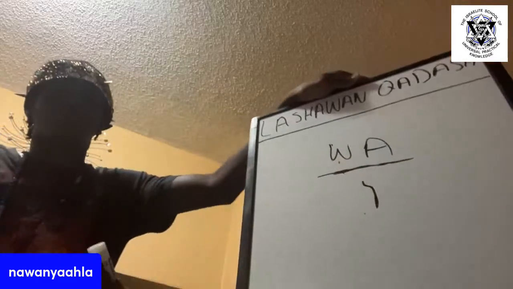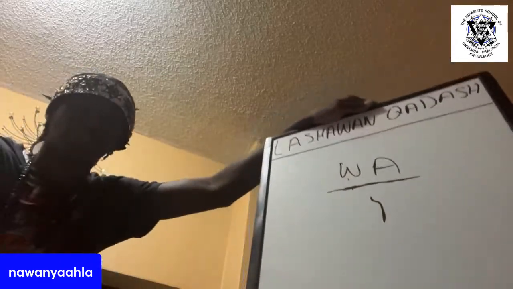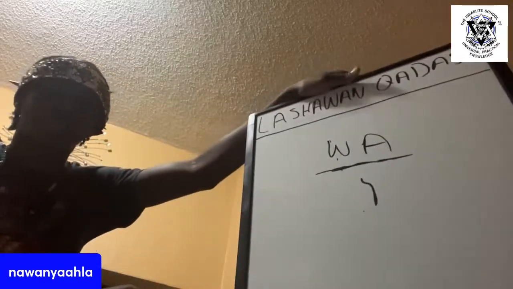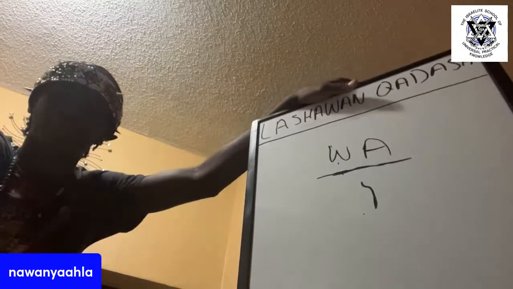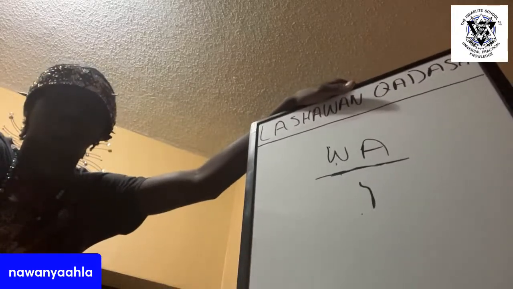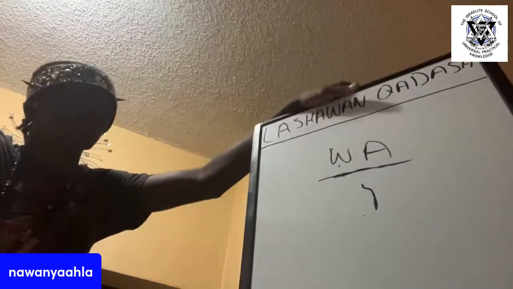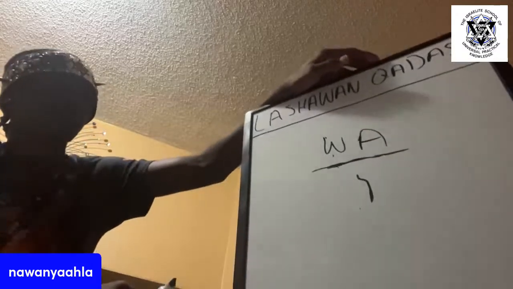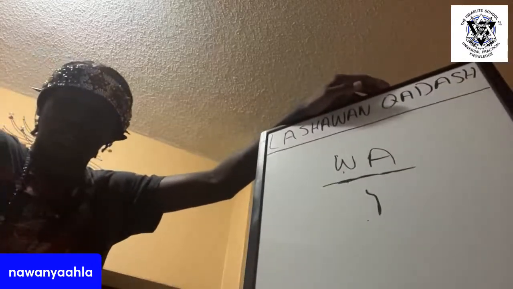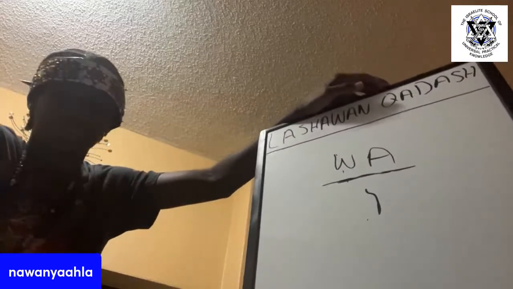This used to be our language. But not used to, this still is our language. We just lost it. Now we back. We got it back in the ISBK on the Commander Johanna. You understand? But this is the Wa in the Assyrian Hebrew.